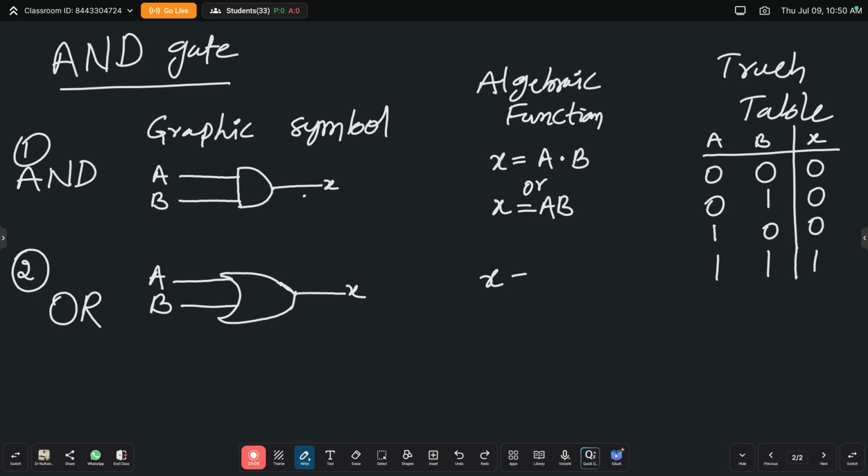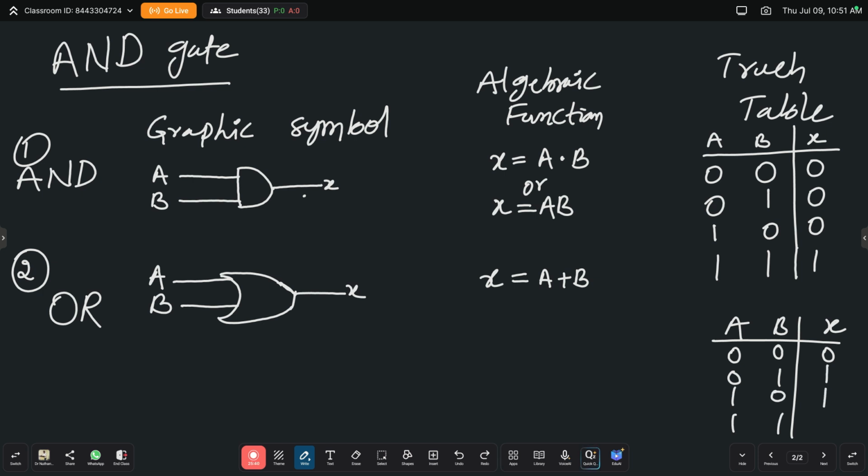X equals to, there is no other expression, only one way you can represent it: X equals A plus B. Then coming to the truth table: 0 0 gives 0, 0 1 gives 1, 1 0 gives 1, 1 1 gives 1.